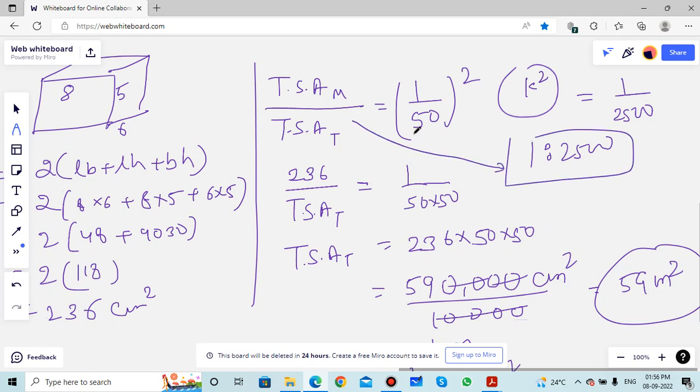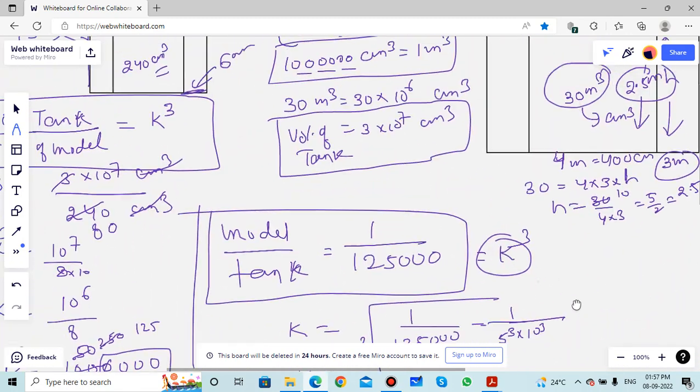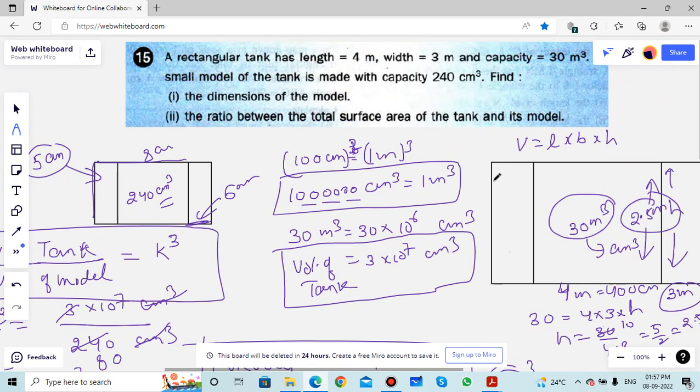Ratio of the model to the tank is 1 is to 2500, or the ratio of tank to the model will be the opposite. Let me see what the question there is. Total surface area of tank to the model here.